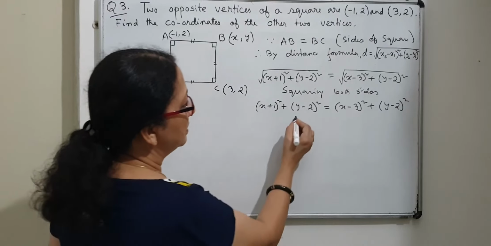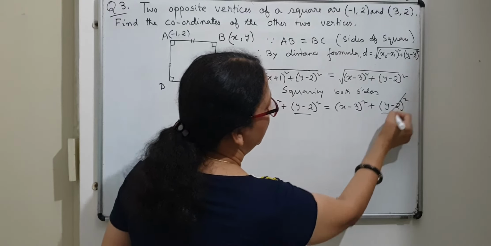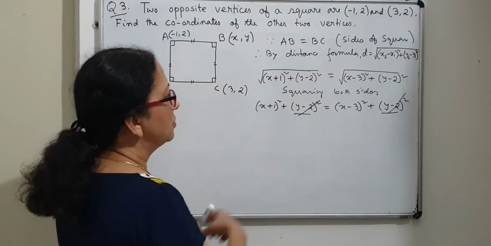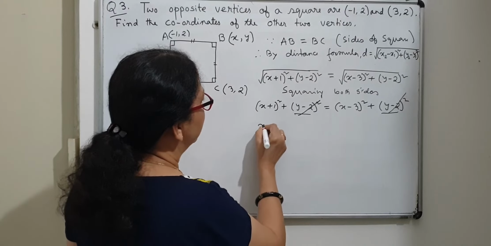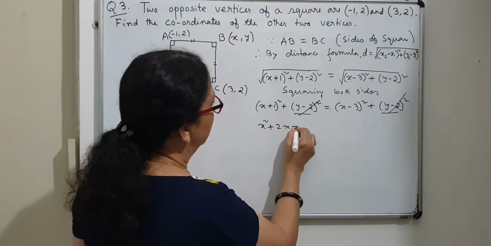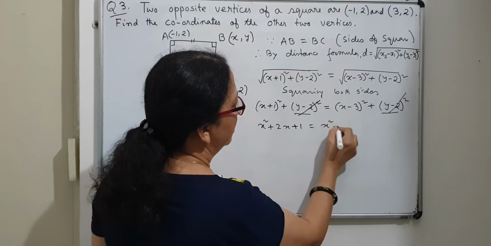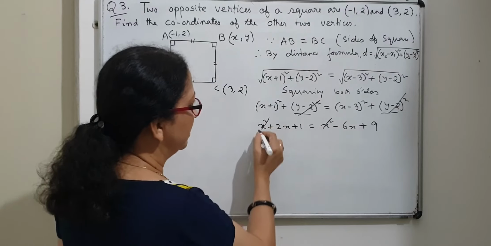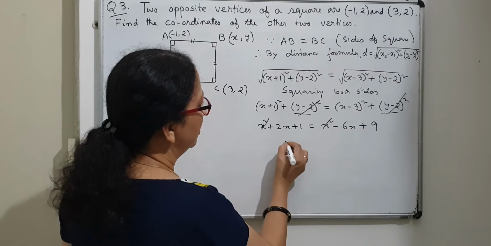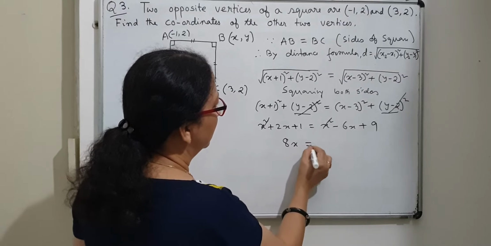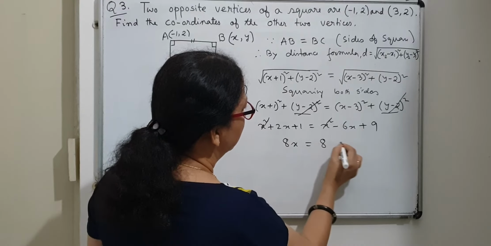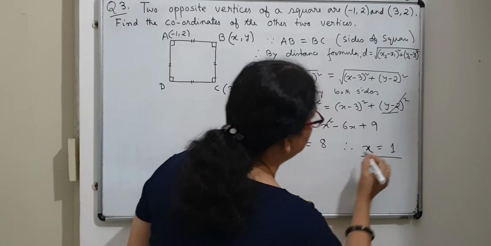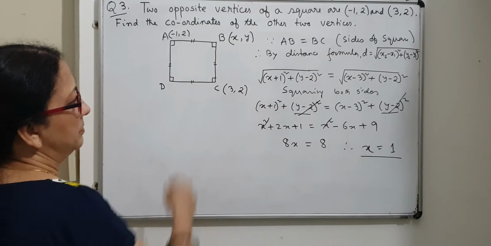Both are (y minus 2) whole square, so I cancel them out. So now I open this: x square plus 2x plus 1 is equal to x square minus 6x plus 9. Using the identities, x square gets cancelled, 6x comes to this side, so it becomes 8x equal to 8, therefore x comes out to be 1. So I have got the value of the abscissa, that is x.